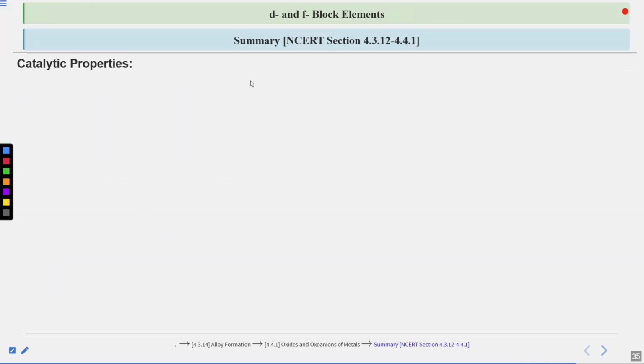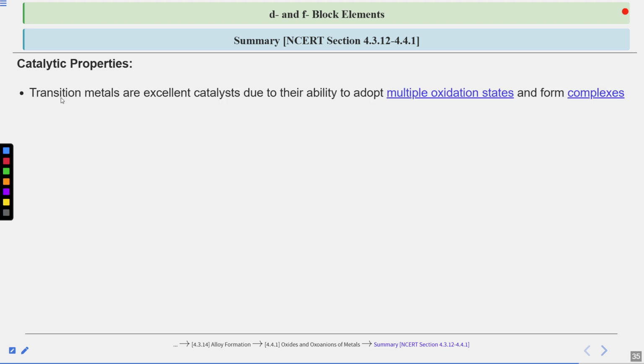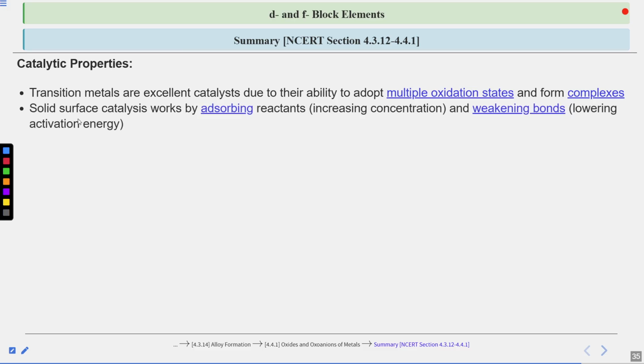Okay, so let's see the summary of the content that we have covered today, that is NCERT section 4.3.12 to 4.4.1. First of all, we talked about the catalytic properties shown by the transition metals due to their ability to adopt multiple oxidation states and form complexes.